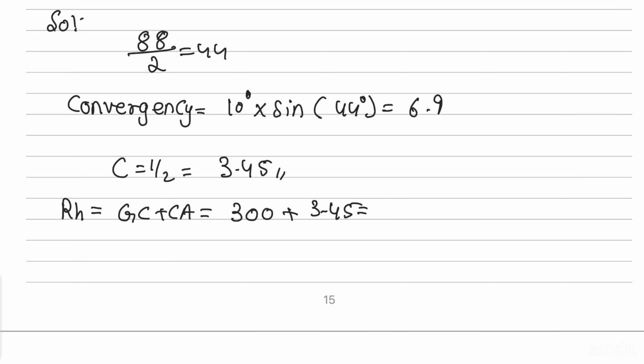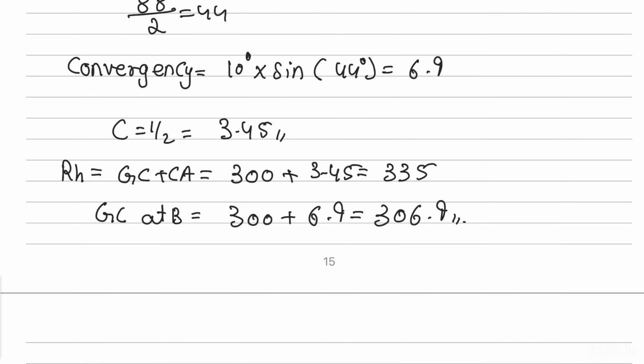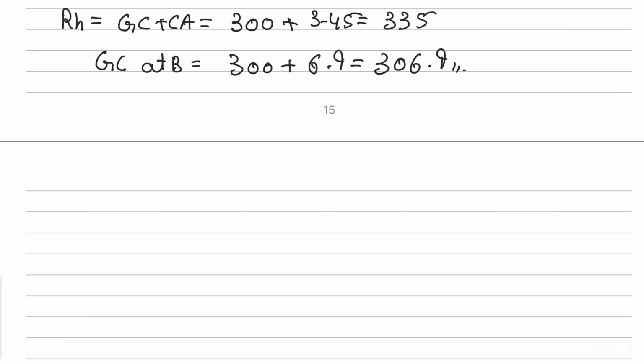So 300 plus 6.9, sorry, 6.9. So how much? 306.9. Yes. So let us convert to the final great circle track.